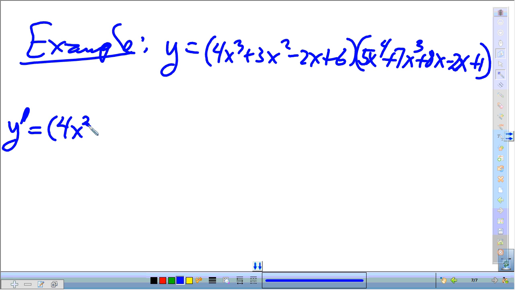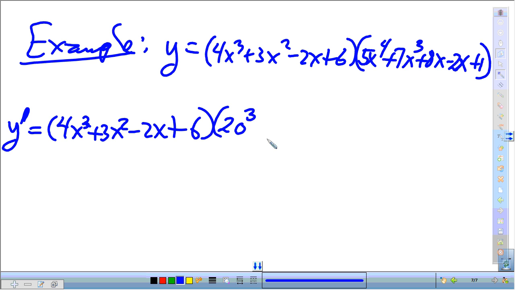So we'll take this first one, 4x cubed plus 3x squared minus 2x plus 6 times the derivative of the second factor, so 20x cubed, and then we would get 21x squared. Oops, get an x in there. Plus 8.